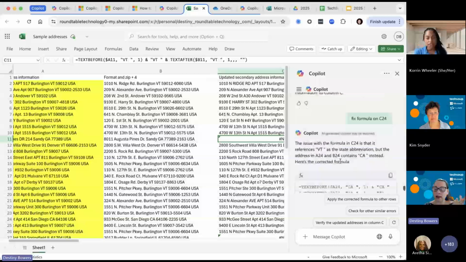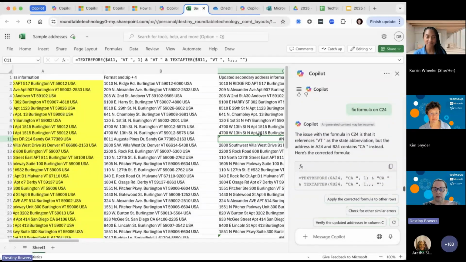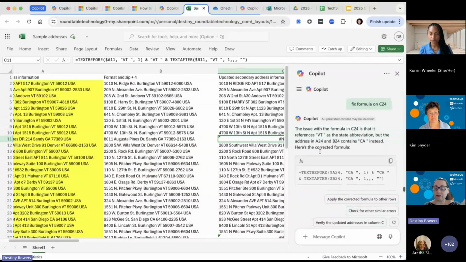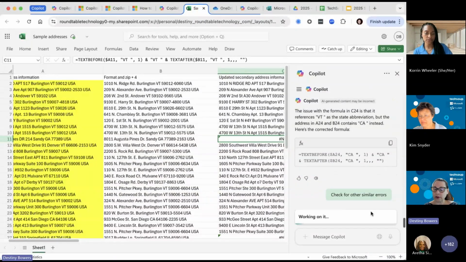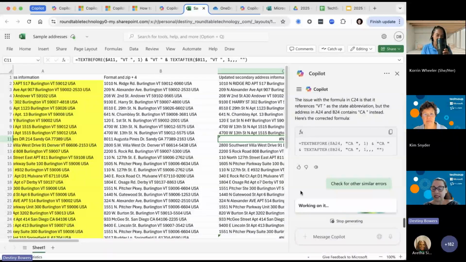And it was like, oh yeah, the problem is because the formula was referencing the wrong state, and this is what you could do. I'm like, okay, great, fix it for me. But the nice thing, well, gee, do you want me to check for other errors for you? And I could say, well, yes, please go ahead and do that. So this is a perfect example of where AI was helpful to someone who doesn't know anything about Excel.